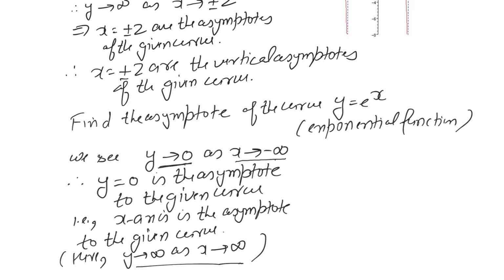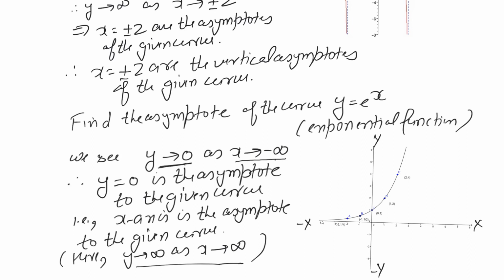The figure of the curve is given by this one. Here we see as x is running to minus infinity, so the curve is approaching to x-axis. Y of the curve is becoming 0. Therefore this line, which is the x-axis and this is the y-axis, this one is the minus x and this one is the minus y.